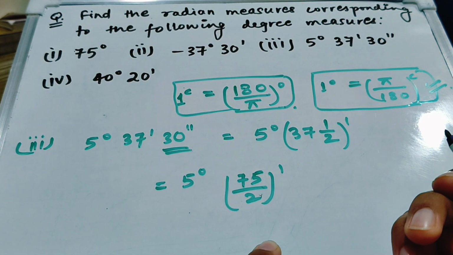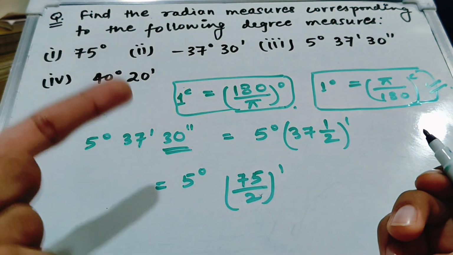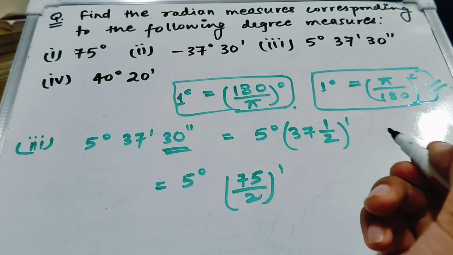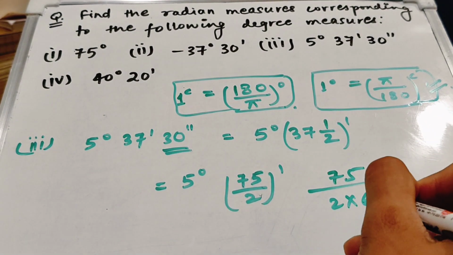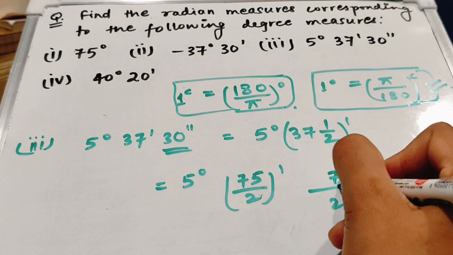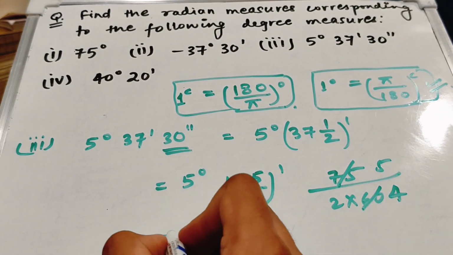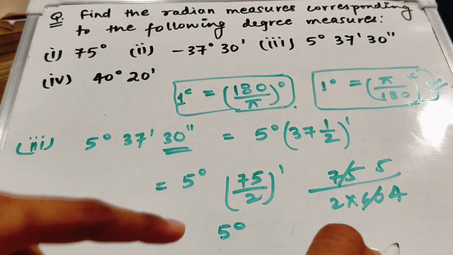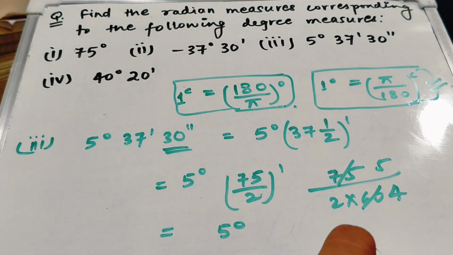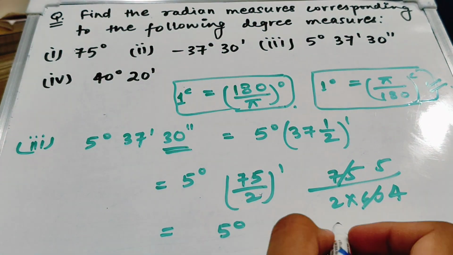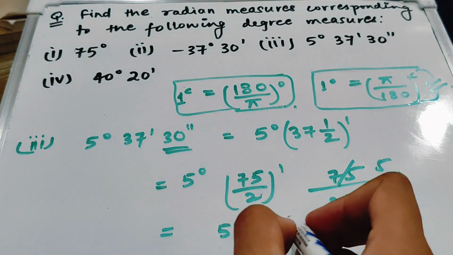So now we have the value of minutes because we divided this by 60, we got a mixed fraction and then we solved it. Now again I want to convert this to degree. So what will I do? Divide it by 60 again. 75 upon 2 into 60, 5, 4, which means that this is 5 degree, and now by dividing it by 60 I have got the value of the minutes part in degree now.